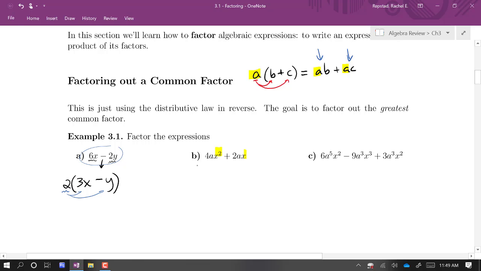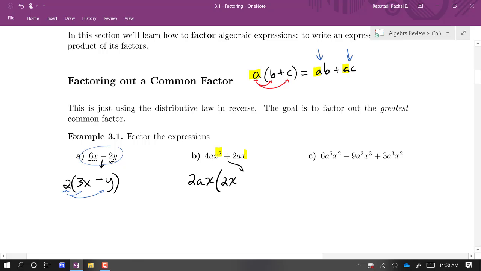So the greatest common factor in part B is 2ax. And then we open up a set of parentheses. And what do we multiply by 2ax to get 4ax squared? Well, I need a factor of 2 to get me to 4. I've already got a factor of a, so I don't need any a's, but I do need a single x to get me to the x squared.